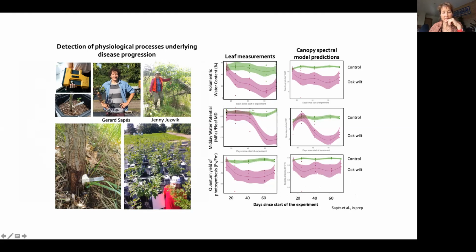And this is midday water potential measured versus what was predicted from the canopies. And then this is quantum yield of photosynthesis measured at the leaf level in the diseased and healthy plants. And this is measured with spectra from the canopy using indices of reflectance that are related to chlorophyll fluorescence.